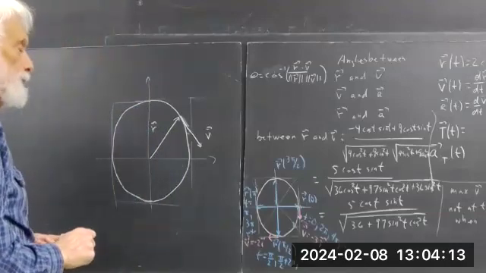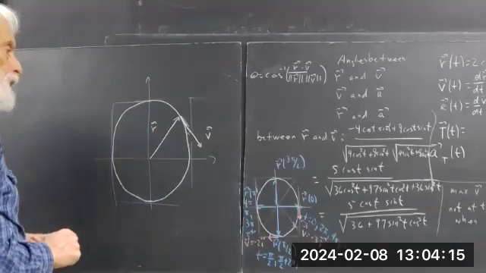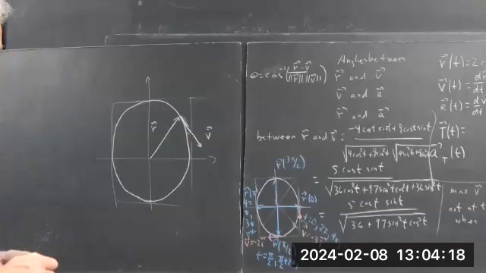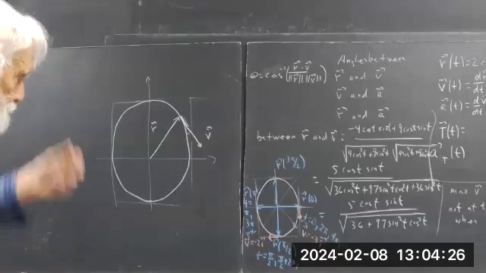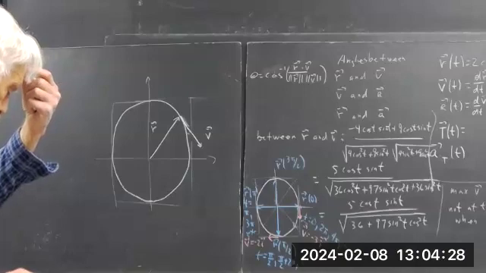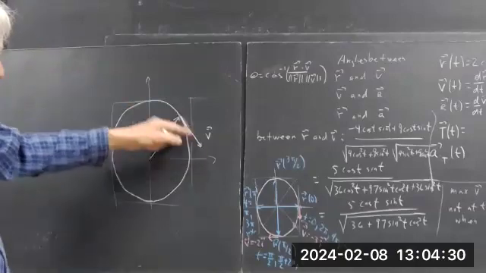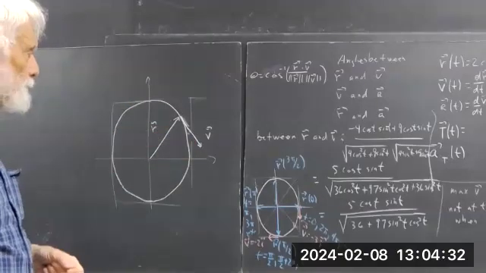And you also have an acceleration vector. What's the direction of the acceleration vector? Well, is your velocity vector getting bigger here or smaller?